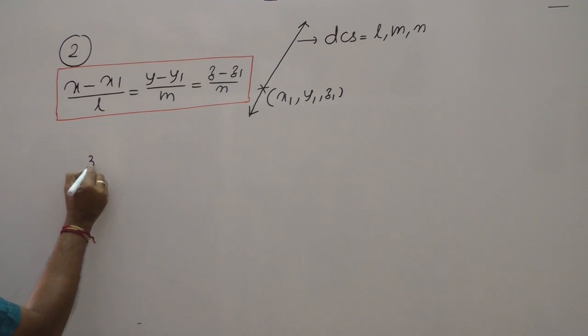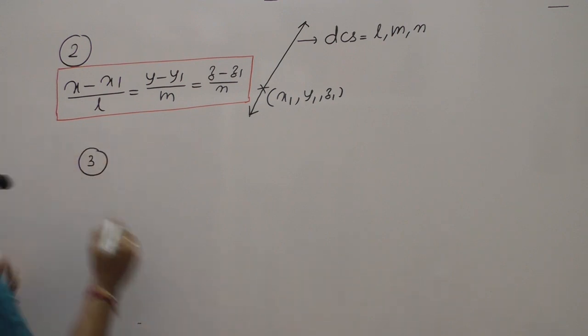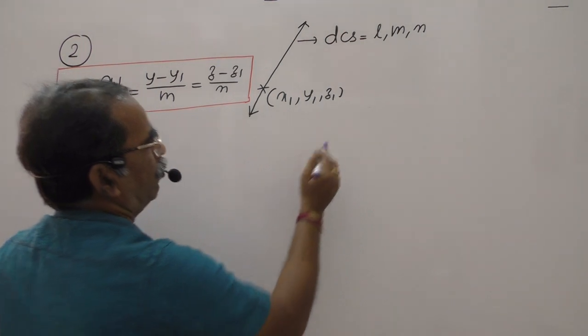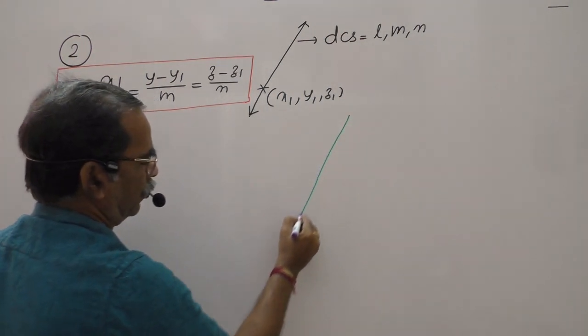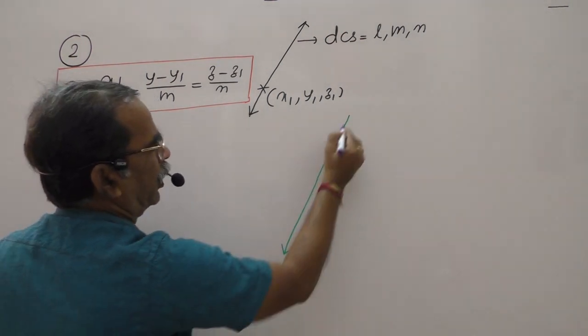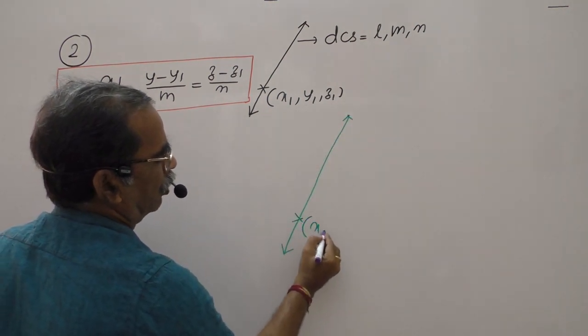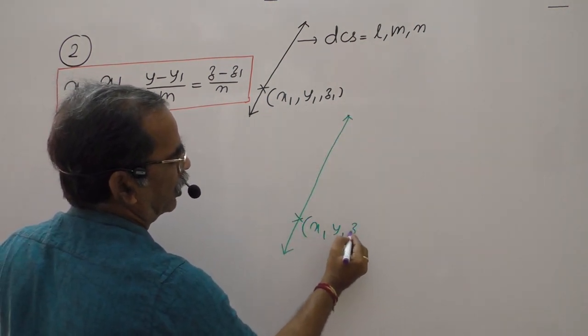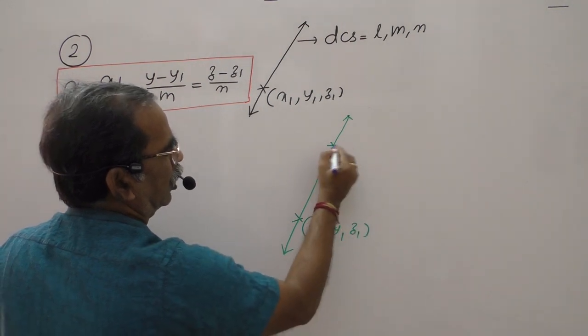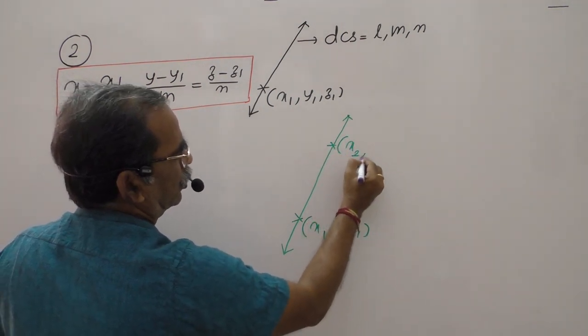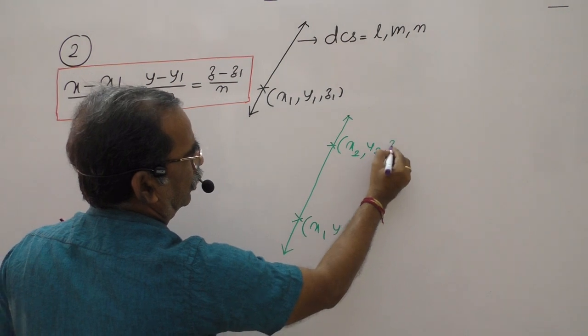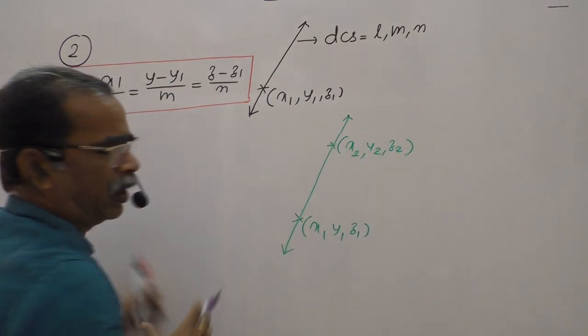All the DCs are DRs only. Next we will see number 3. What is number 3? A line is given. Say this is a line in space. The line is passing through 2 points now, x1, y1, z1, and another point x2, y2, z2. These are the 2 points on the line.